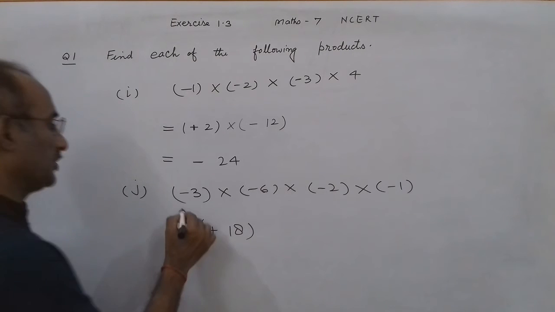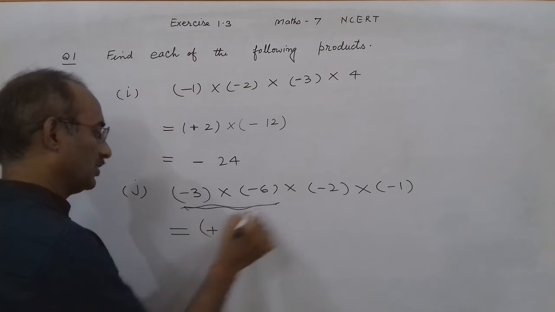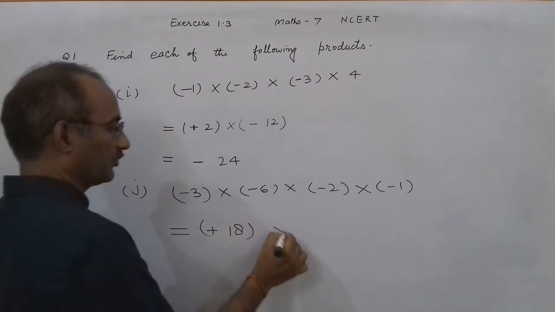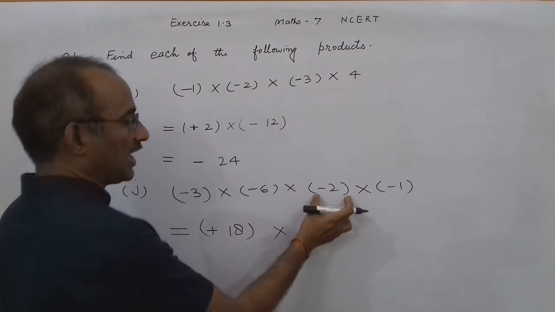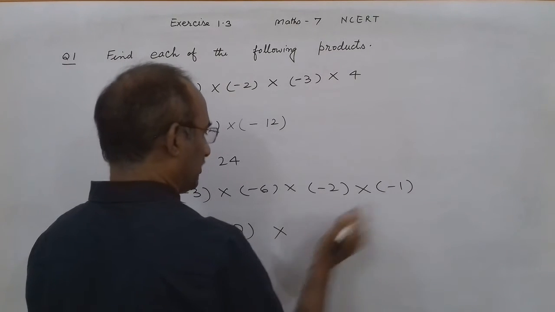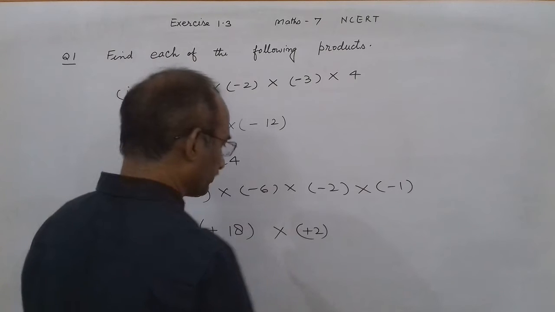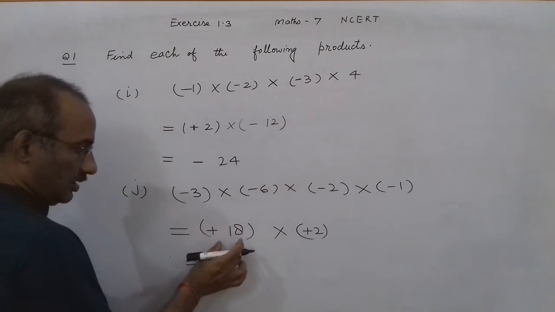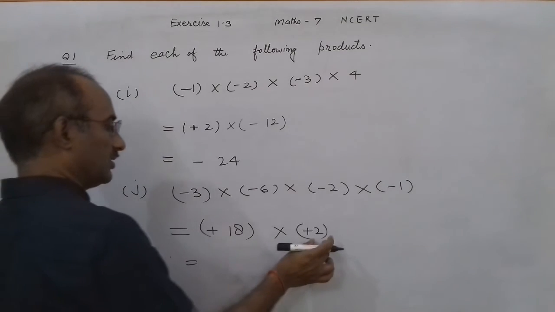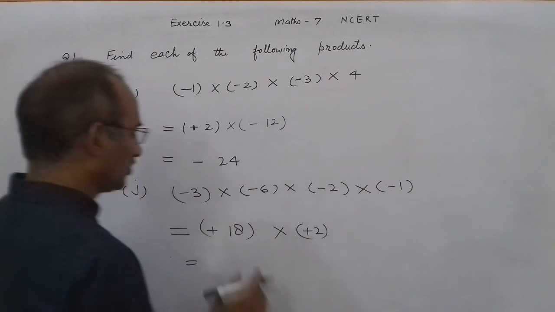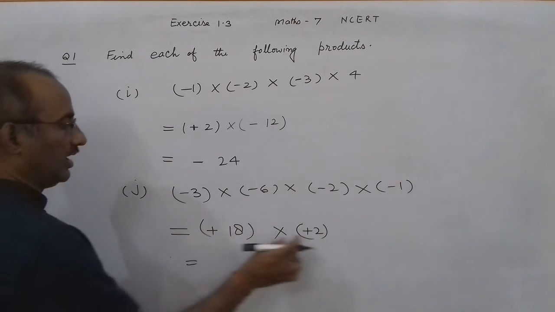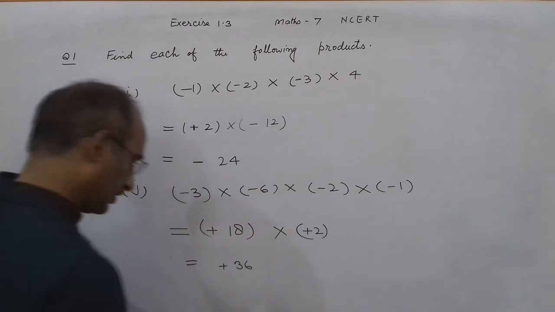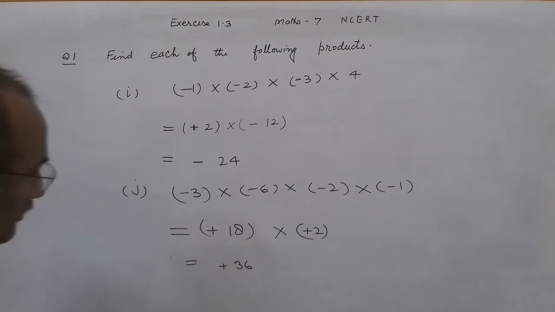Product of two negative integers is a positive integer. So we write here +18. Now, if we multiply -2 with -1, then we get +2. This is a positive integer and this is also a positive integer. So if we multiply +18 and +2, then we get +36. This is our answer.